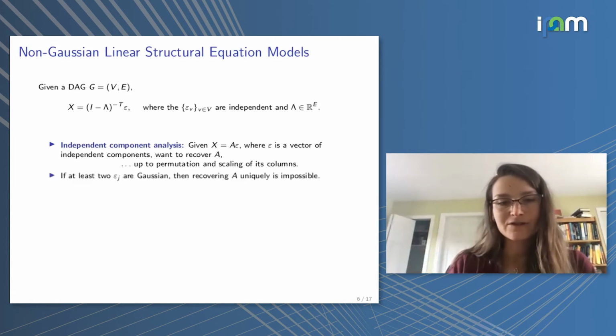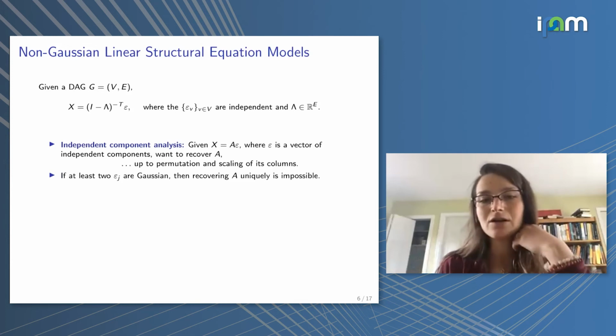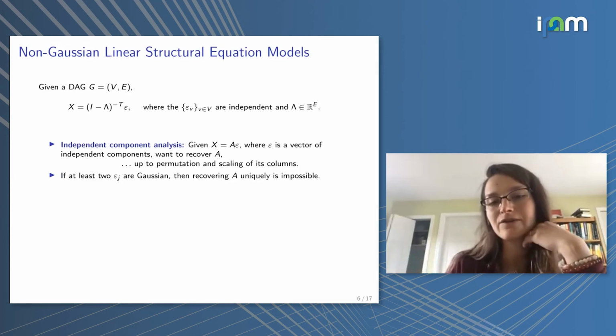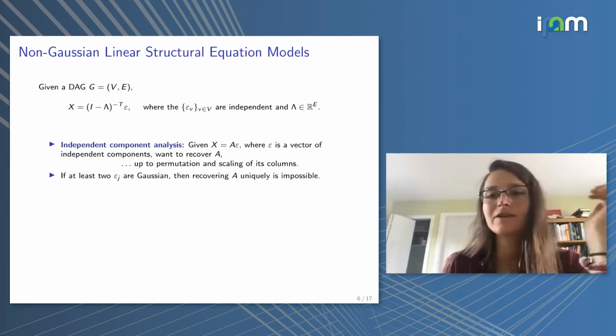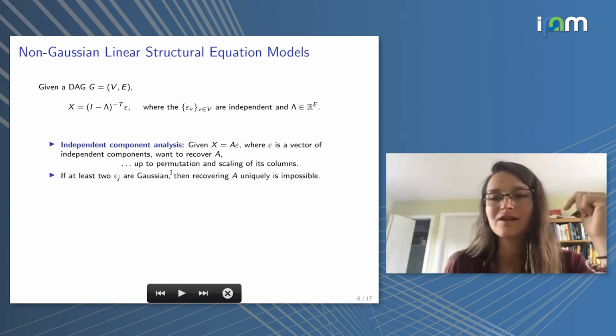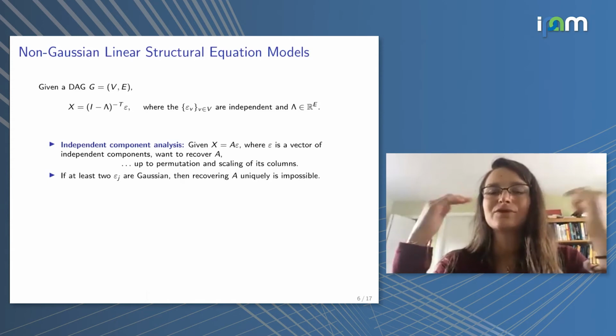And it turns out that if at least two of the epsilon j's are Gaussian, then you can't recover A uniquely. That's because if you take two independent Gaussians, there are infinitely many transformations of that vector that will preserve the independence.